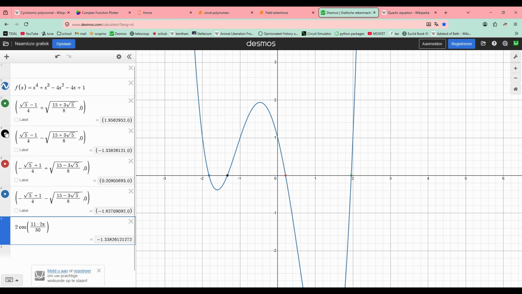Yeah, that's this one. So that's how you find wacky cosine values.